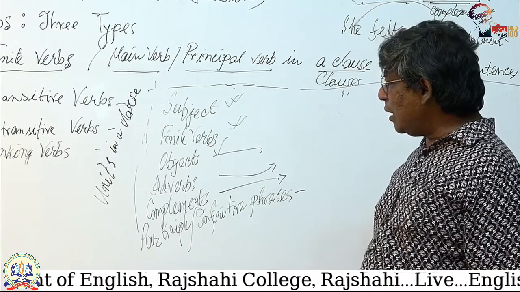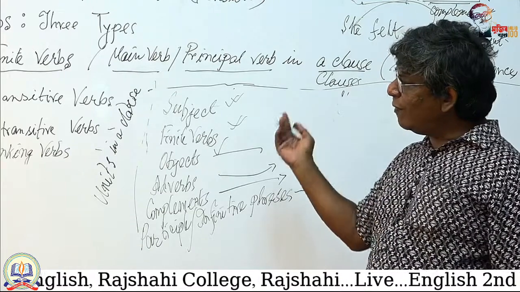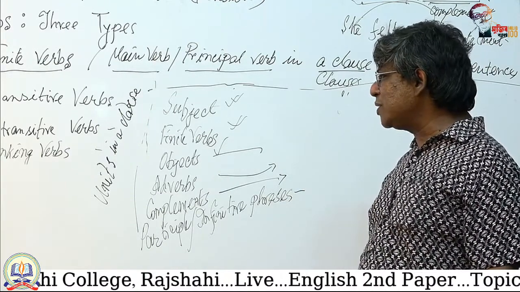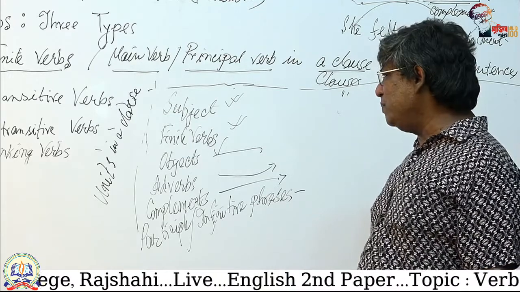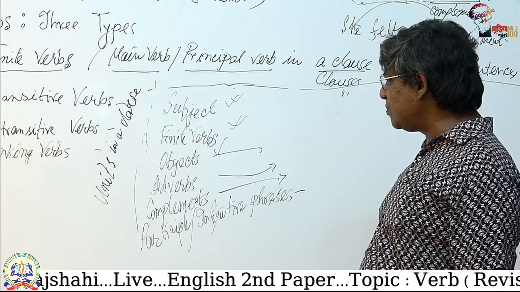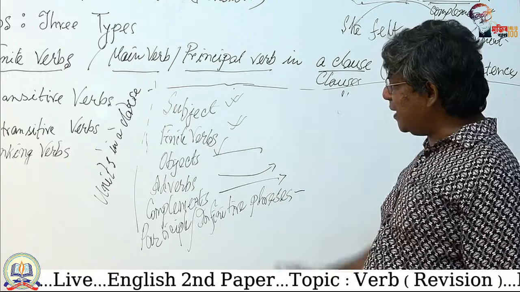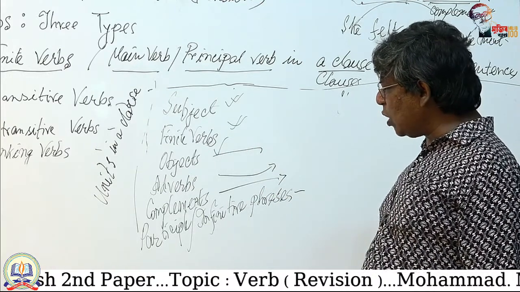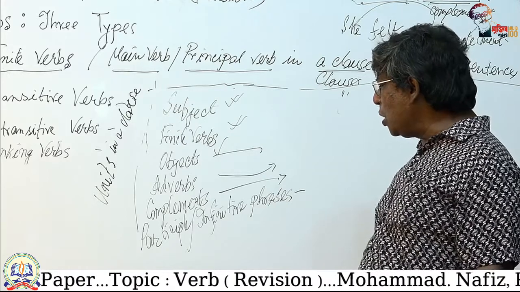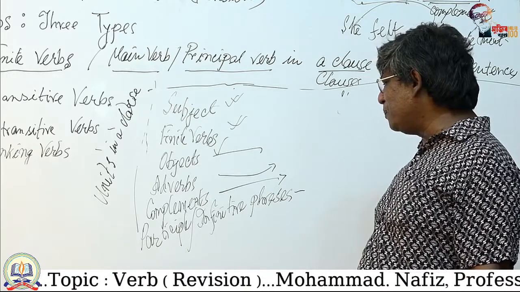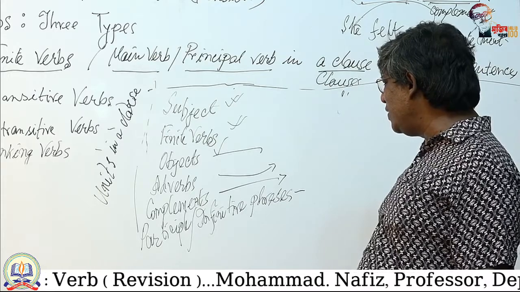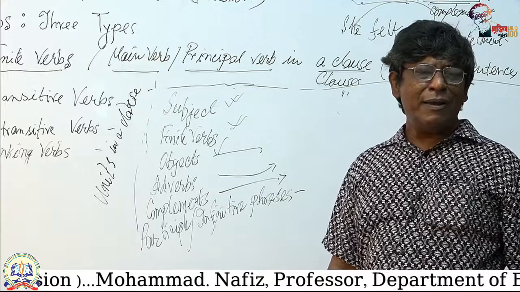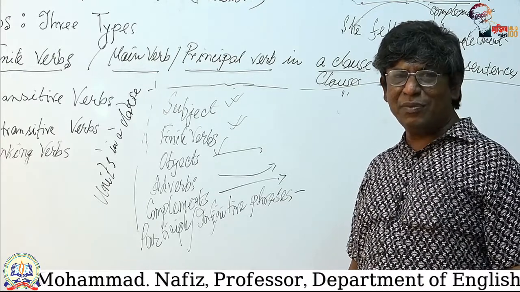Before returning to the types of finite verbs, let me make a revision of the units of a sentence. A sentence may have units like subject, finite verbs, objects, adverbs, complements, and the participle and the infinitive phrases. It is not necessary that all the units will be in a sentence at the same time.